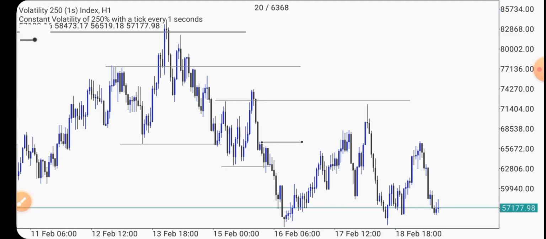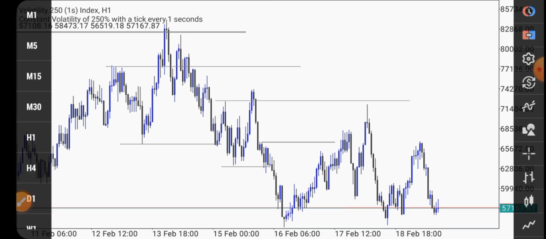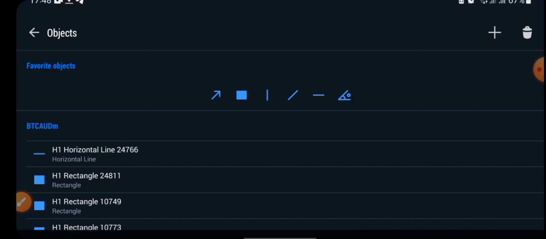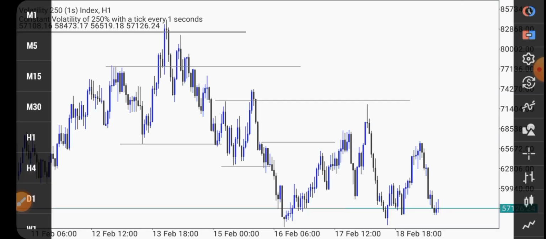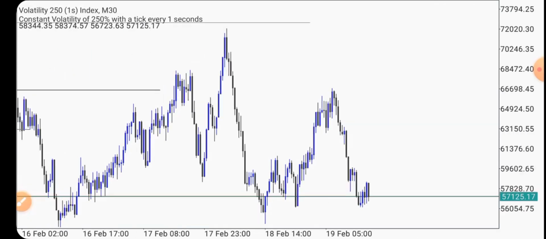This is our liquidity on the inside, taken down again, making a false move, and price continues to the order block. Immediately when price comes, we can scale down to 30 minutes.